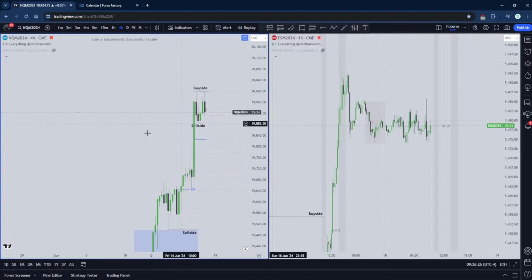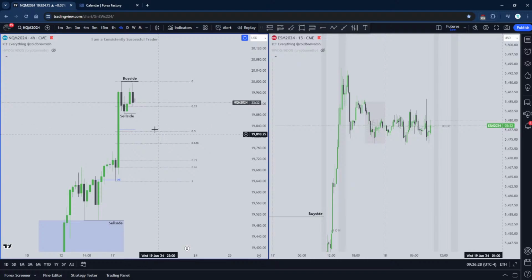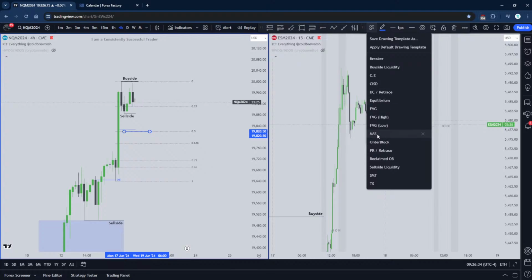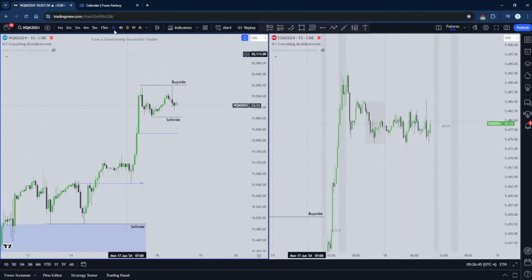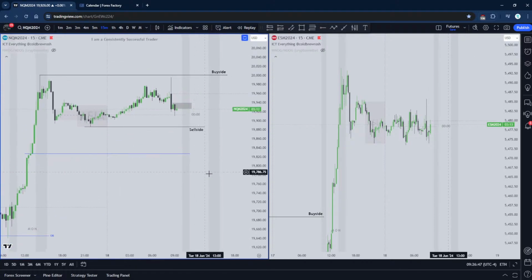As long as I've got a 4-hour point of interest, it would be nice to see it come down here, and I use this as like a target type thing if we're bearish. But I don't use it in terms of, oh, I can't take a trade unless it's down here, that type of scenario. I'm gonna get rid of it because that line almost matches up with the lower time frame.